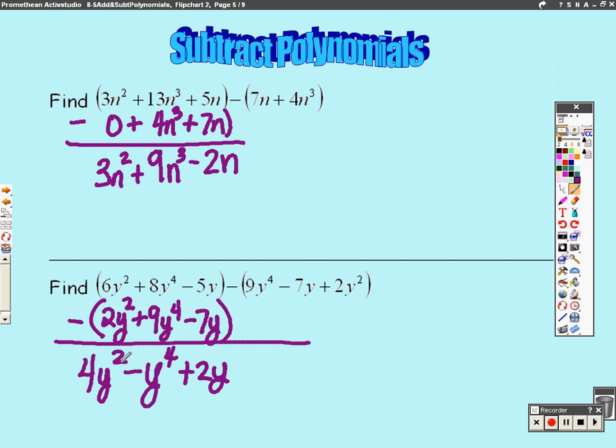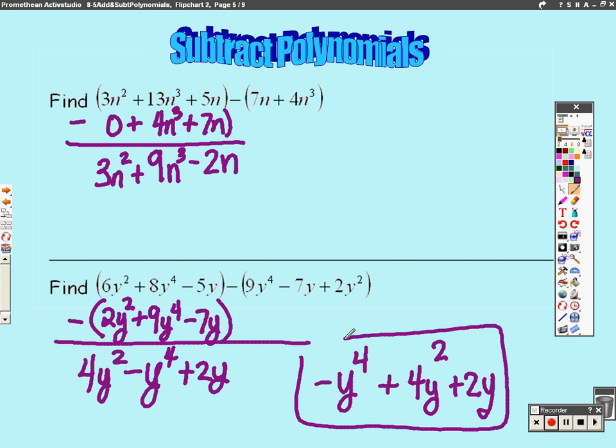So I would rewrite my answer here as negative y to the fourth plus 4y squared plus 2y. And I would go up here and write 9n cubed plus 3n squared minus 2n.